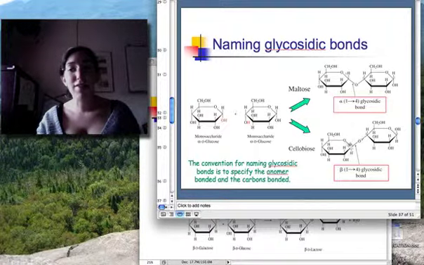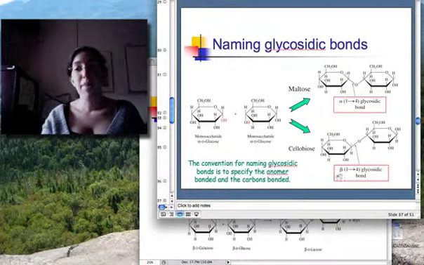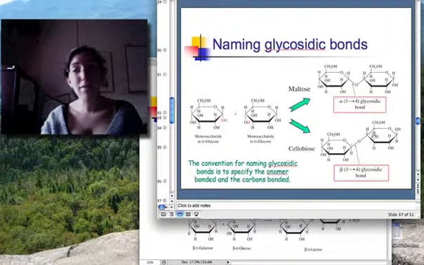The hydrogen is down. So these are actually two beta anomers of glucose that are bonded together in a beta 1,4 linkage. It's still carbon 1 bonded to carbon 4 here, connected through this bond. So this is a beta 1,4 glycosidic bond.